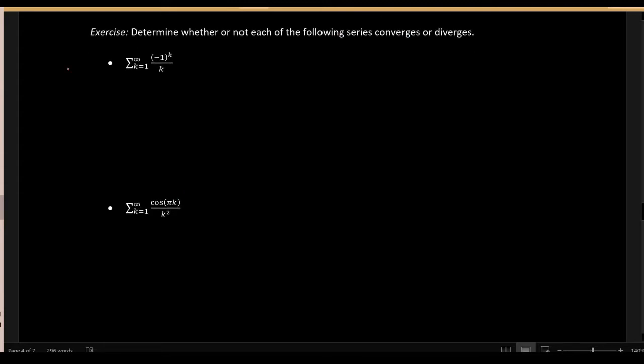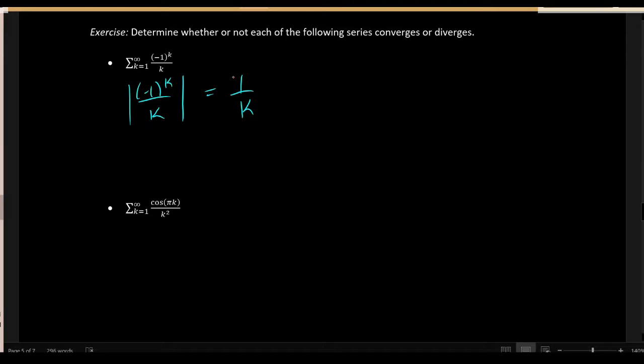Let's practice applying that to each of the following two series. The ones from the previous example, -1 to the k over k, and cosine of pi k over k squared. Now looking at this first sequence, if I take the absolute value of -1 to the k, it is always equal to 1. Because -1 to the k is either equal to +1 or -1. In either case, the absolute value is +1.